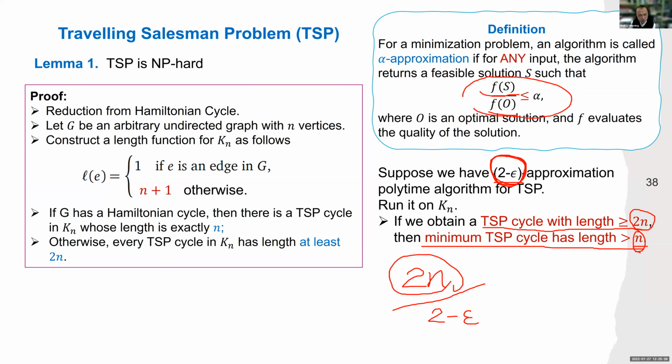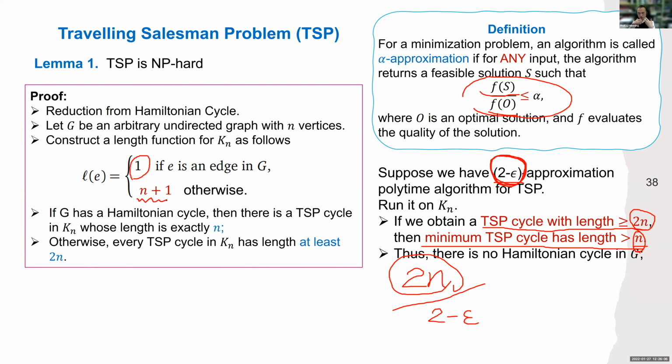It means that in your TSP, you cannot only go through edges with length 1. You have to visit at least one edge with length n+1, which means the original graph does not have a Hamiltonian cycle, right?